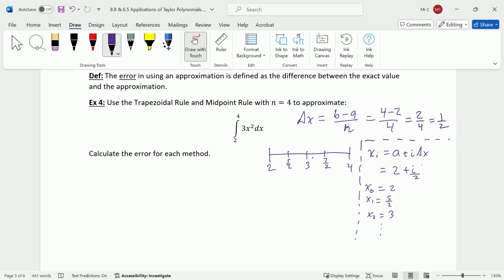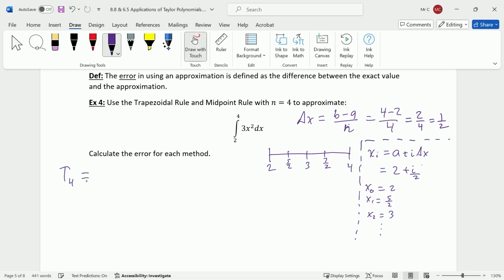Okay, so now let's go ahead and try to apply the trapezoidal formula. And a little bit confusingly, we use similar notation for the trapezoid and midpoint rule formulas as we do for Taylor series and Maclaurin series, but that's okay.